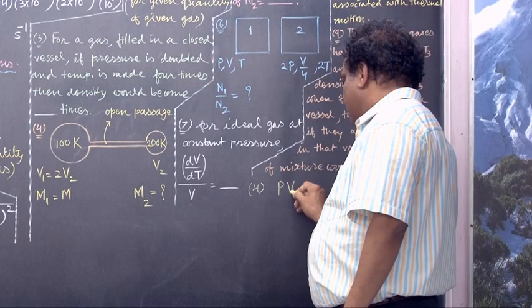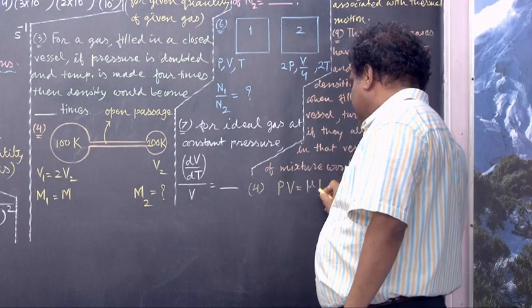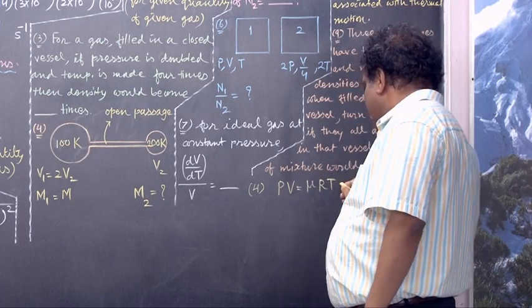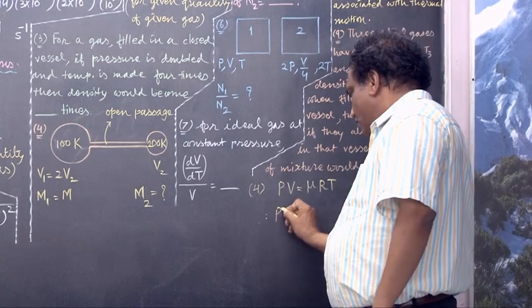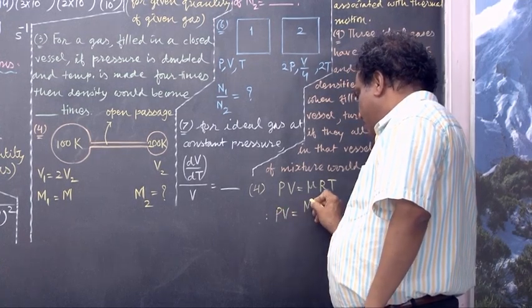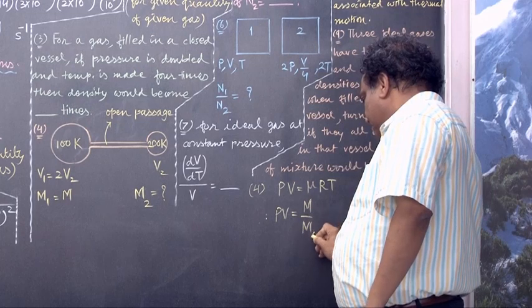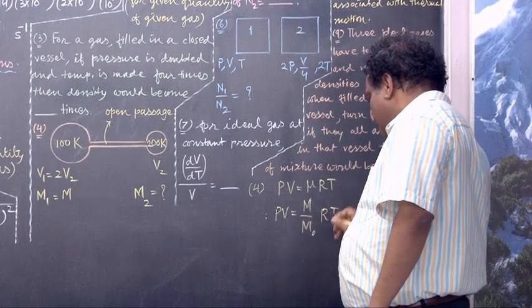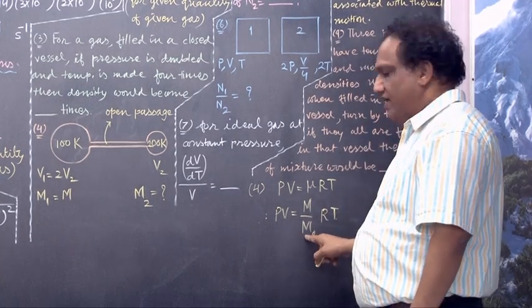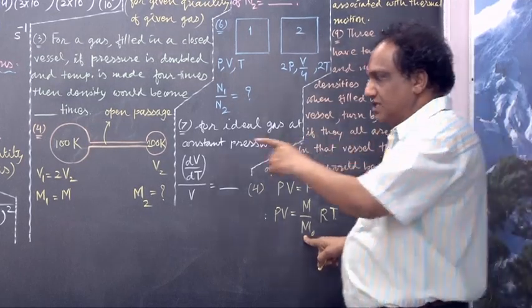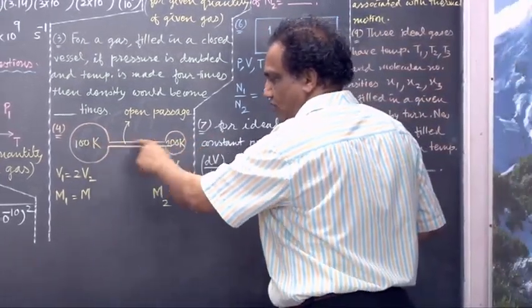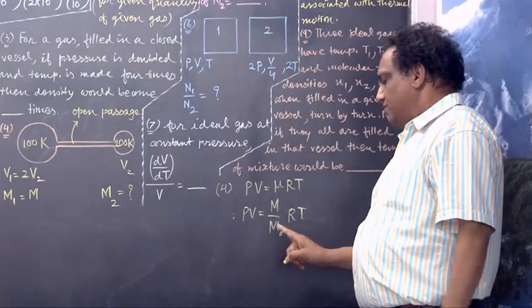PV equals mu RT. Correct? But mu is also m upon M0. For a given gas, molecular weight is constant. Same gas is present in both the vessels. M0 is constant.